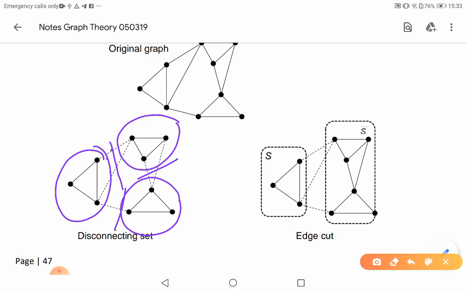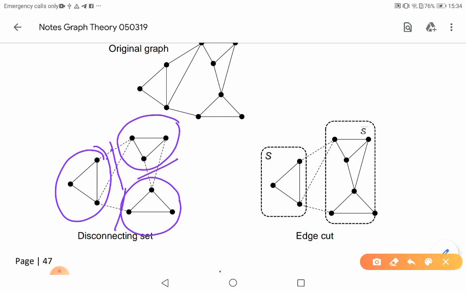But this is not an edge cut, because for an edge cut, if you cut the edges, it gives you the break. The graph will disconnect into 2 components.